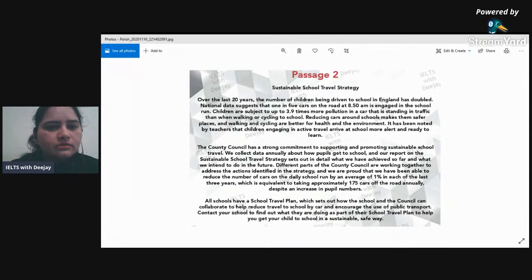Answer for the first question. The first question is: more children are injured when walking or cycling to school than when traveling by car. Answer this one.